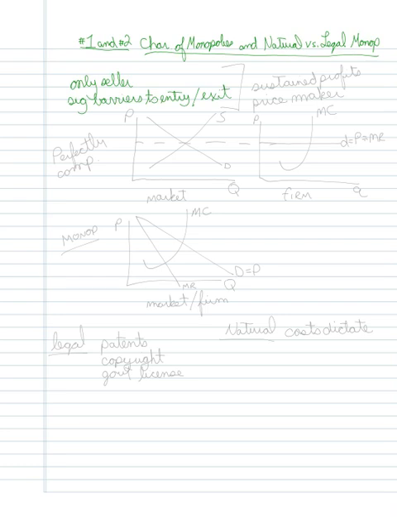These are the two most important characteristics, and the consequence of this is that it allows you to earn sustained profits, and the result is that you are also the price maker. You determine what the price is going to be.